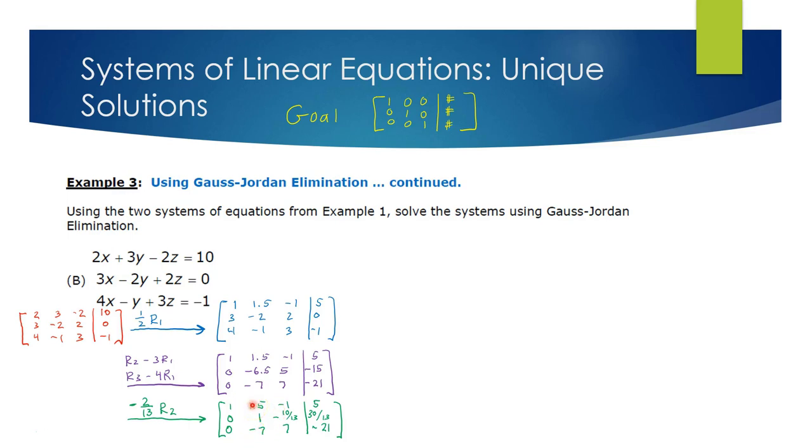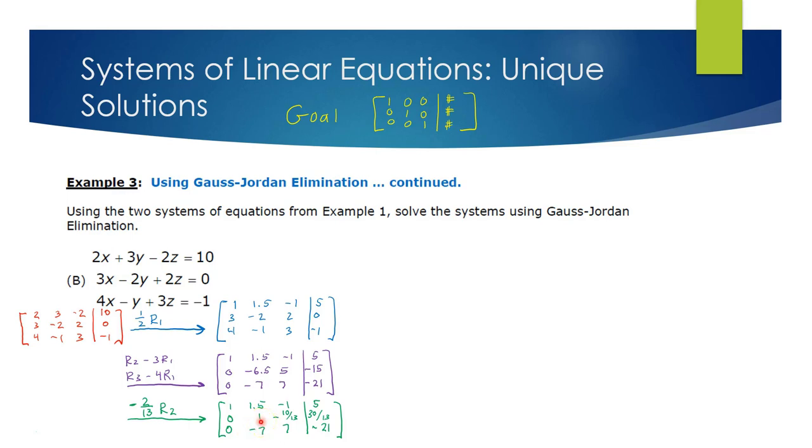So essentially, since 1.5 is 1.5, I'm going to make that a 0. I'm going to take 1.5 minus 1.5 times 1, which tells me I'm going to be doing row 1 minus 1.5 times row 2. In a very similar nature, I want negative 7 plus 7.